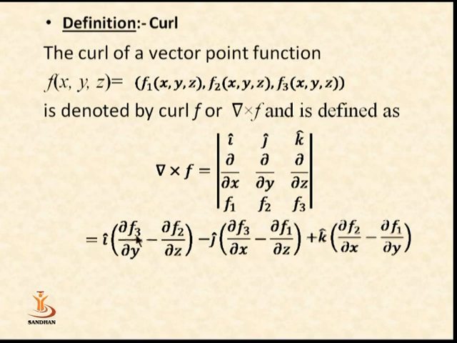This is the expansion of the determinant, and it is the definition of del cross f. So we have to remember del cross f is equal to i cap (del f3 upon del y minus del f2 upon del z) minus j cap (del f3 upon del x minus del f1 upon del z) plus k cap (del f2 upon del x minus del f1 upon del y).